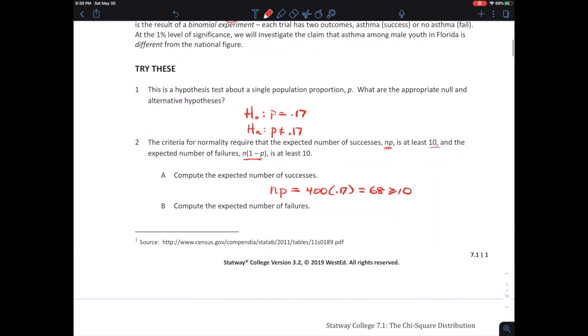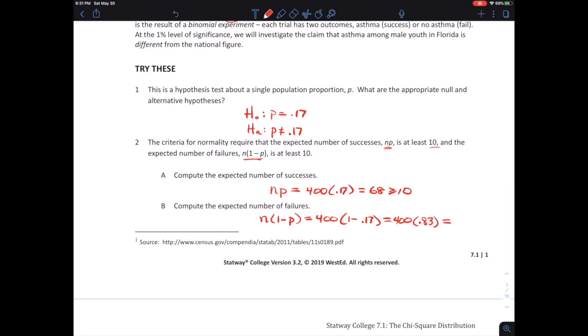And the expected number of failures is n times 1 minus p. So, of course, n is still 400. 1 minus p is 1 minus 17%. And the idea is that if 17% of male youth in Florida have asthma, then 83%, which is 1 minus 17%, don't have asthma, theoretically.